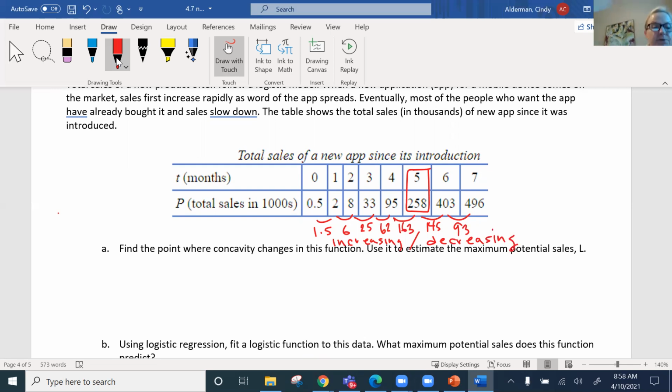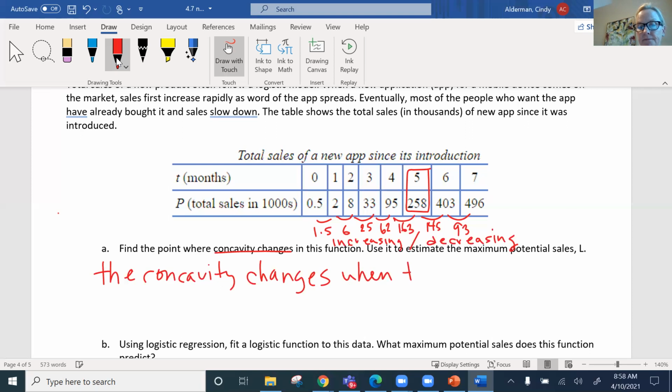Okay, so the inflection point, and that's the same thing as concavity changing, changes when t is 5, and p is equal to 258 million.